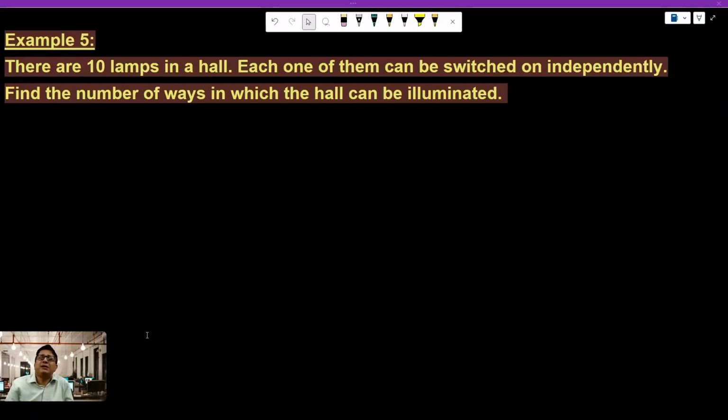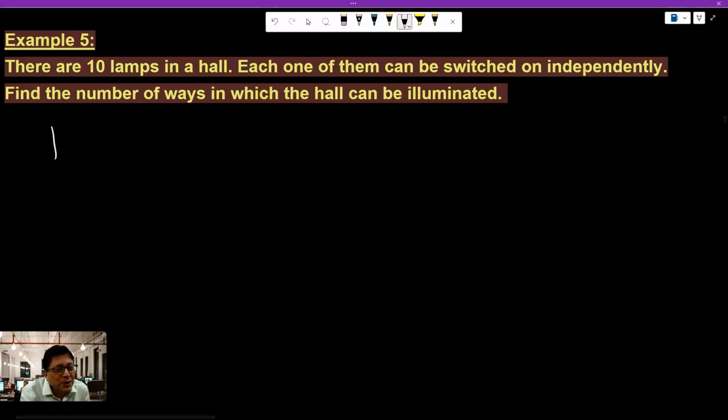But it is true that the hall can be illuminated by using one lamp only. Isn't it? If one lamp glows, then the room is illuminated. Light is there.